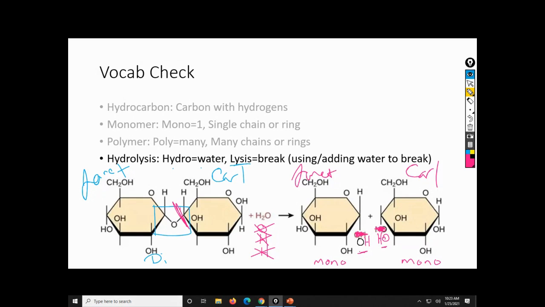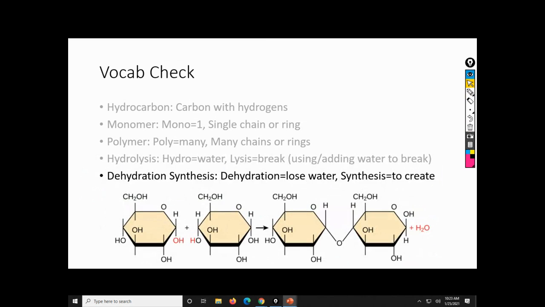Okay, so our goal at the end of class that we never successfully managed was to compare this to dehydration synthesis. Okay, so the big goal here is we're going to invert the process. So where hydrolysis, the goal was to break up Janet and Carl, dehydration synthesis is all about putting them together. Okay, so remember we looked at how can we tell this from what the words are saying?